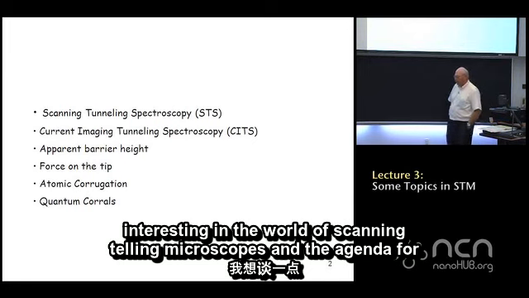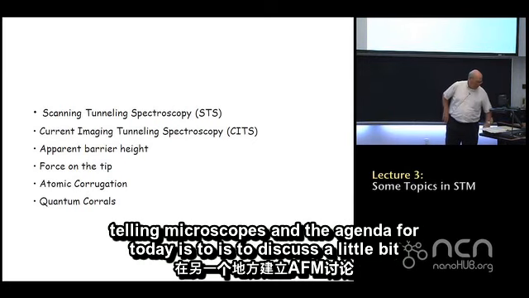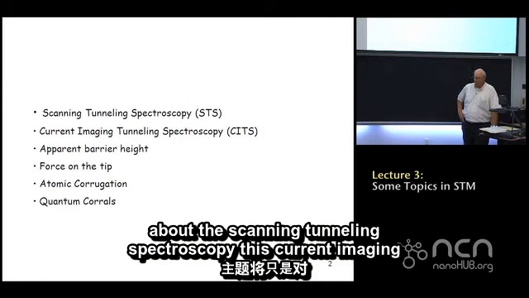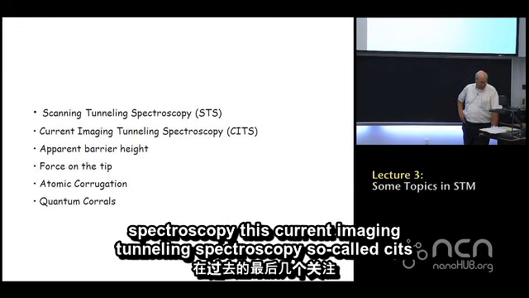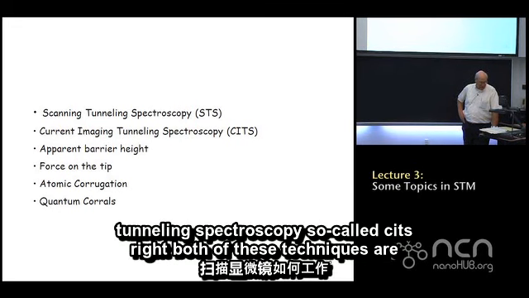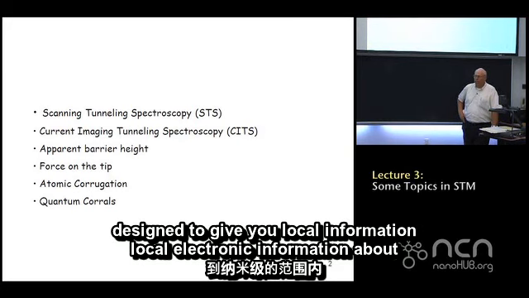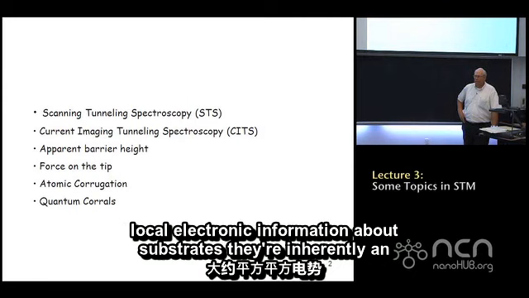And the agenda for today is to discuss a little bit about scanning tunneling spectroscopy, and current imaging tunneling spectroscopy, so-called CITS. Both of these techniques are designed to give you local electronic information about substrates. They're inherently an electrical technique.